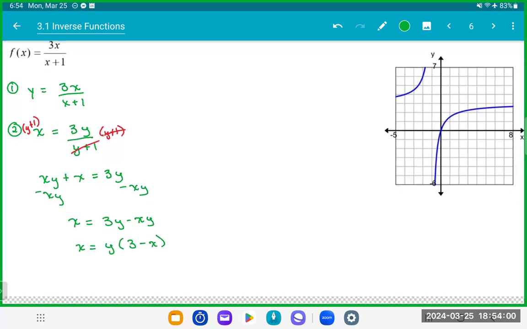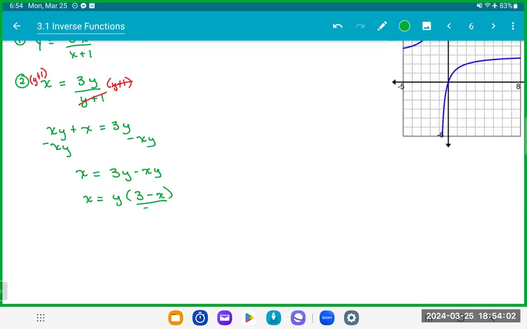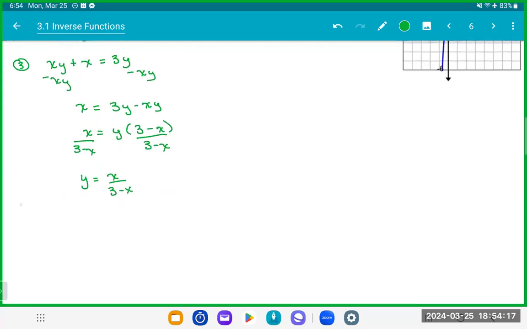Now I could divide both sides by the 3 minus x. And that leaves us with y equals x over 3 minus x. And that's our third stage. And our fourth step was simply f inverse is equal to x over 3 minus x.